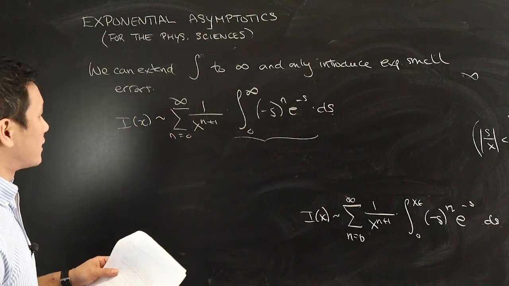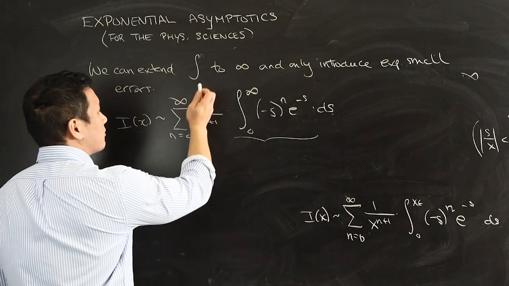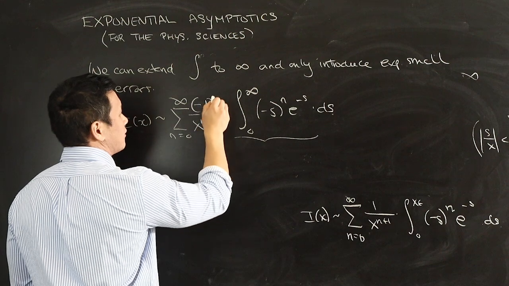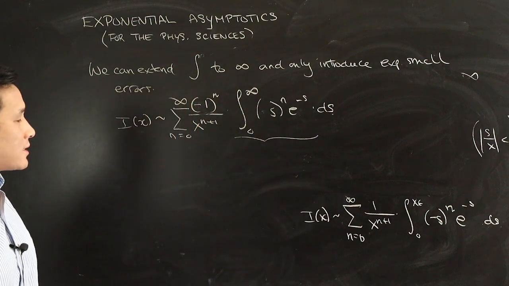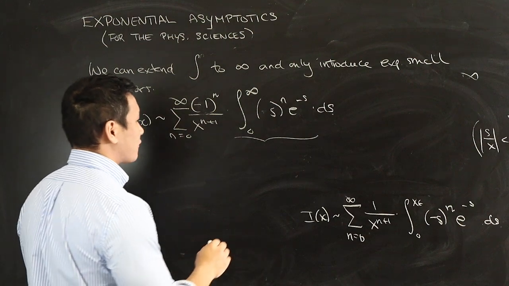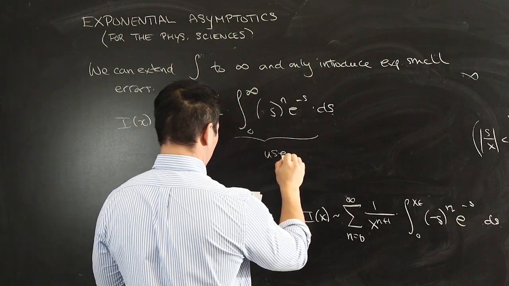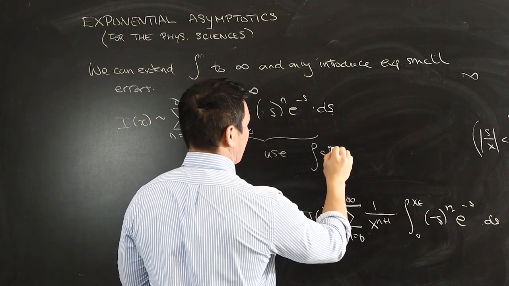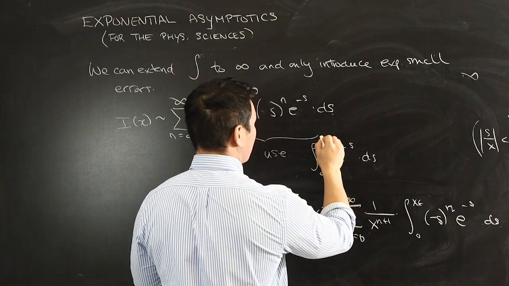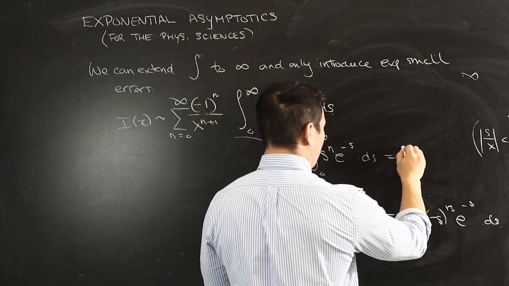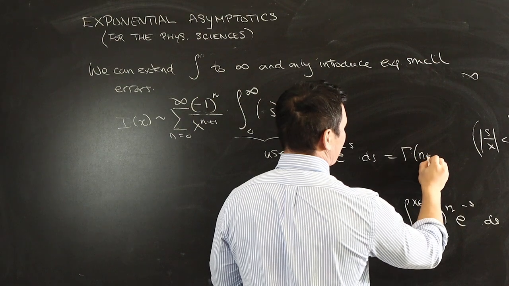is basically related to the gamma function. So in fact, I'm going to take out the minus 1 to the n here. This is just s to the n e to the minus s now. And I can use the fact that the integral of s to the n e to the minus s ds from 0 to infinity is basically a special function which is known as the gamma function.